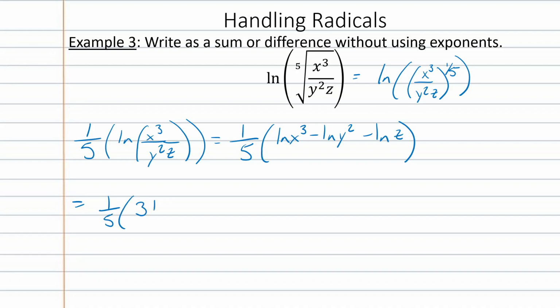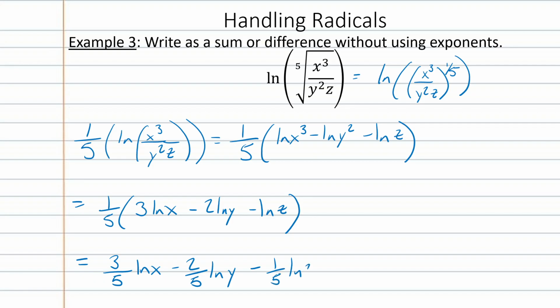It'll be 3 natural log of x minus 2 natural log of y minus the natural log of z. If I want to simplify this a little bit further, I can write it as 3/5 natural log of x minus 2/5 natural log of y minus 1/5 natural log of z. And I have now written it as a sum or difference without any exponents.